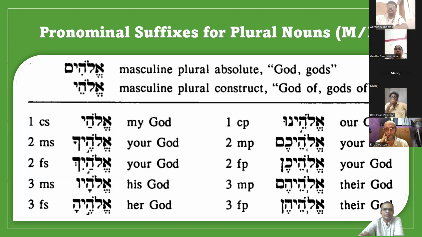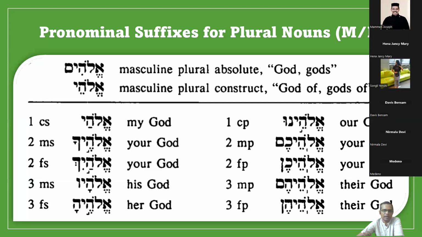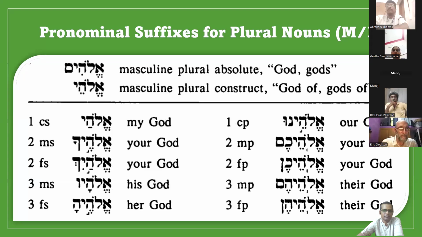Okay. So, for example, in the place of Elohim, if you use Susim, what will happen? Anyone would like to try?